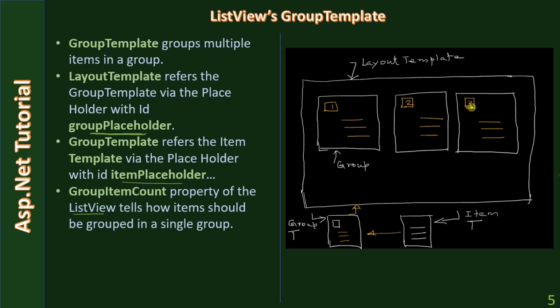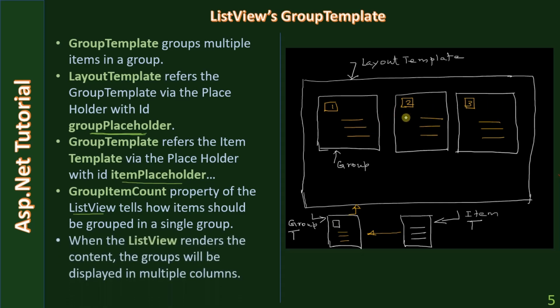That means group item count property, we can set it as 3. If we set it as 2, then 2 columns will be displayed. When list view renders the content, the group will be displayed in multiple columns by making use of the group item count property.